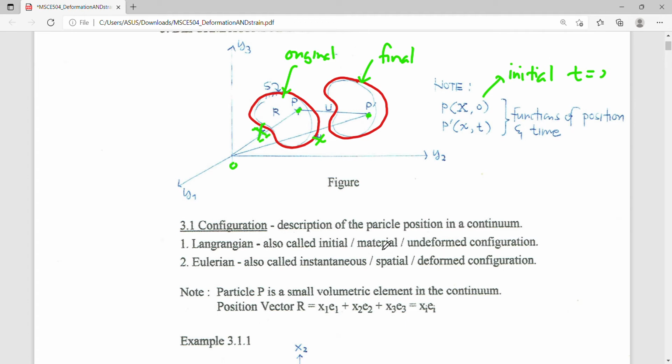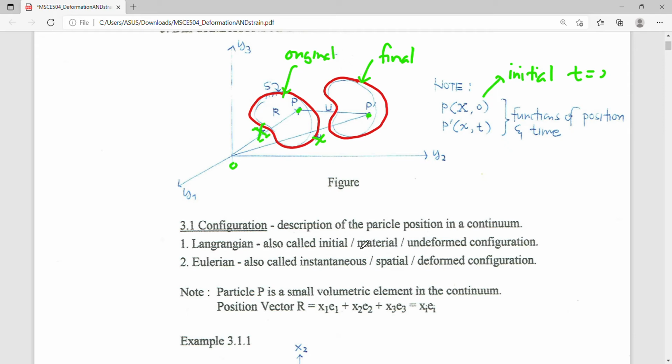We will be using the description in terms of Lagrangian, which describes the initial, the material, and the undeformed configuration, whereas the Eulerian is described by the instantaneous, spatial, and deformed configuration.